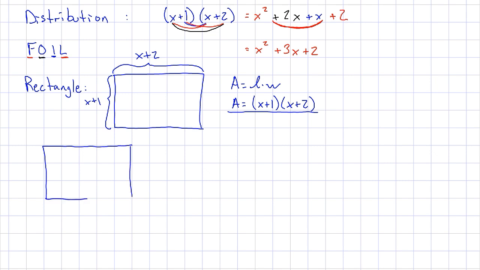So let's assign, let's switch colors, this smaller length here to be x, and then this length here to be 1. So the full width is going to be x plus 1. We have the two smaller pieces. Then let's go up to the top, and we'll call this 1, and we'll call this 2. Oh, I apologize. It's not to scale. Should have made it a little bit shorter.